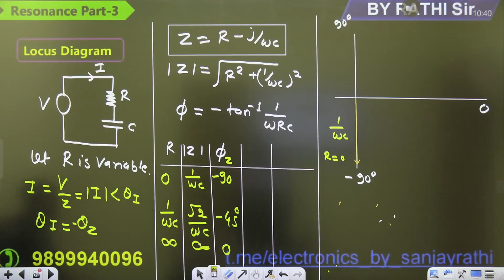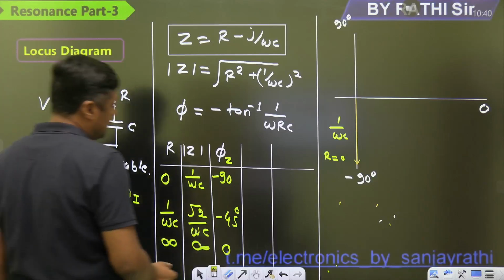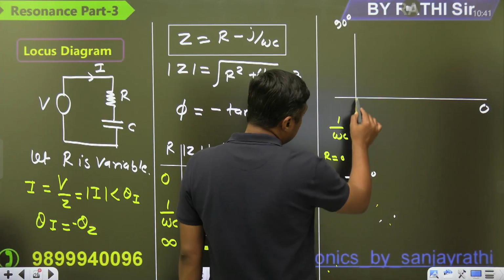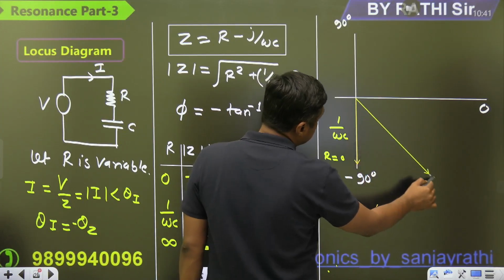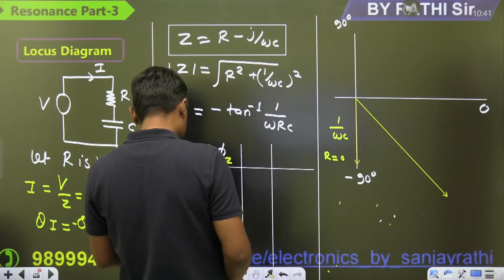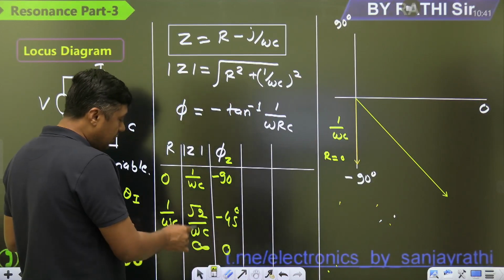Angle will decrease. And then what about the magnitude of the impedance? Increases. And ultimately it will reach what? Infinity. So you can plot one phasor exactly at 45 degree. This value increases. And what is that value? Watch this. What is this value? Root 2 times of omega C.